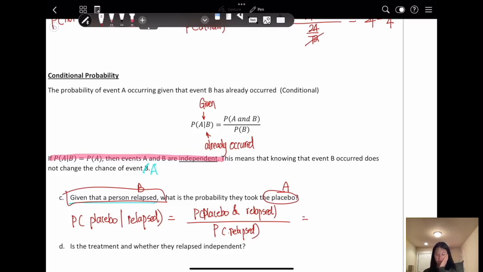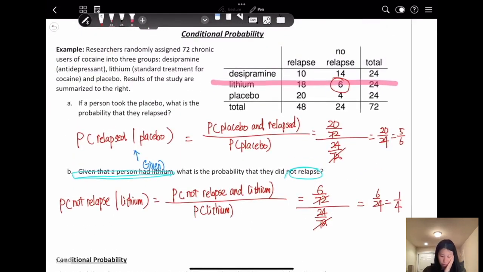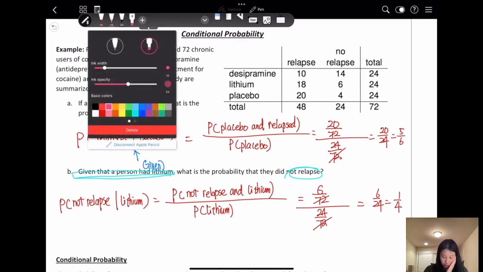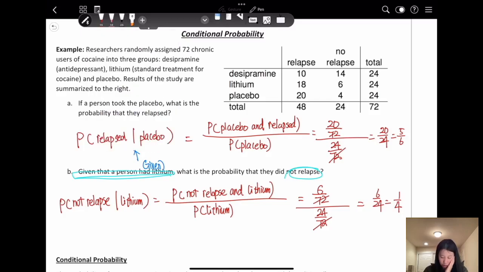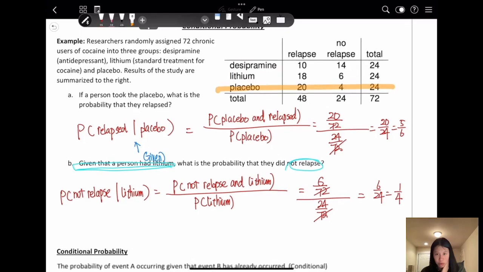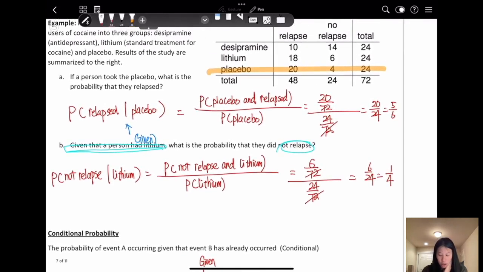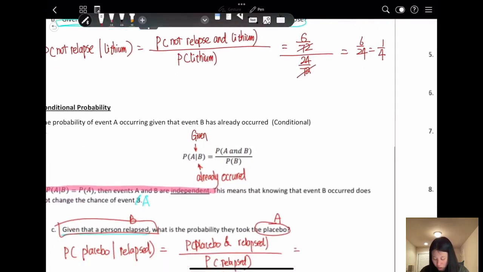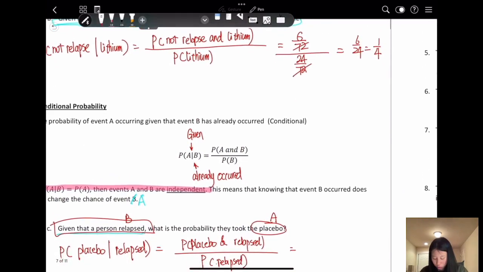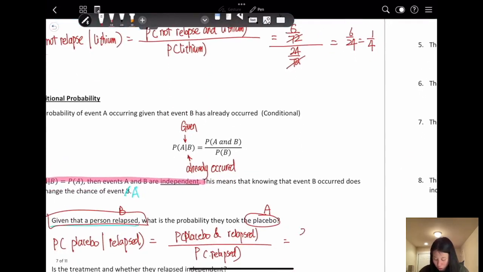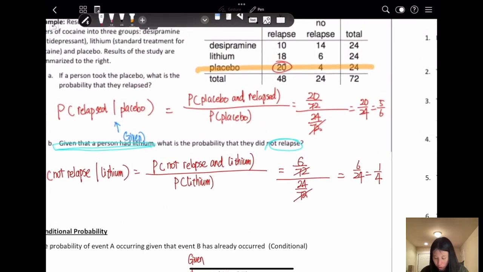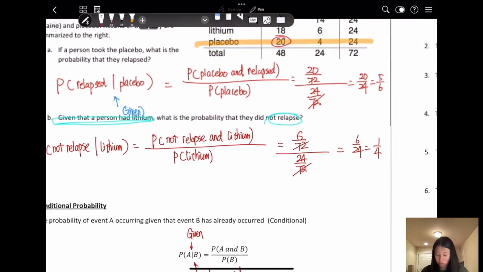Okay, now let's take a look. The people who took placebo, let me change the color. Okay, there are 24 out of 72 people who took placebo, and 20 people relapsed. So people who took placebo and relapsed is 20 out of 72 over the probability that, oh, I did it wrong.